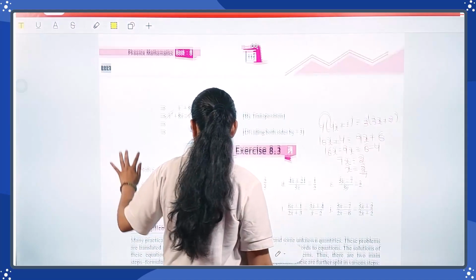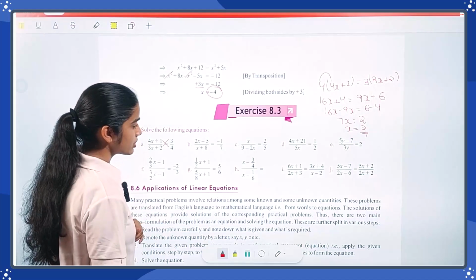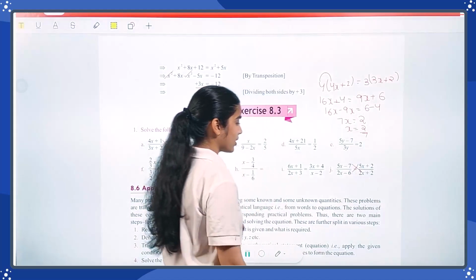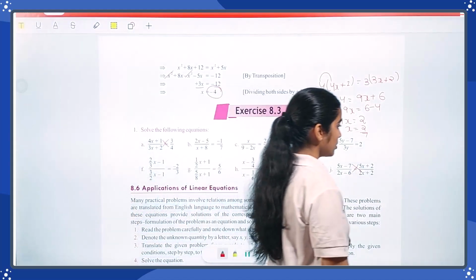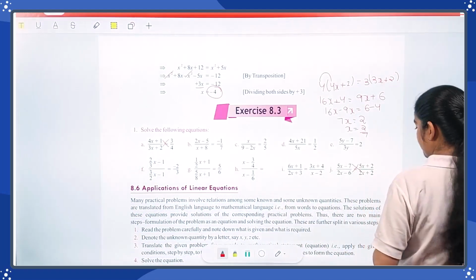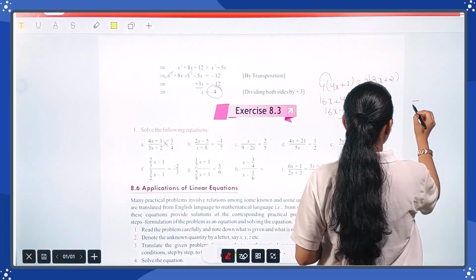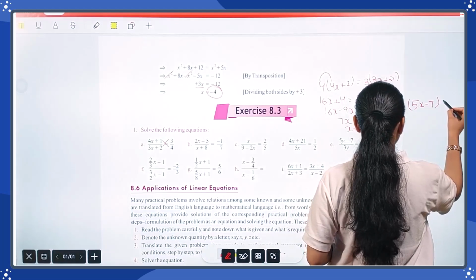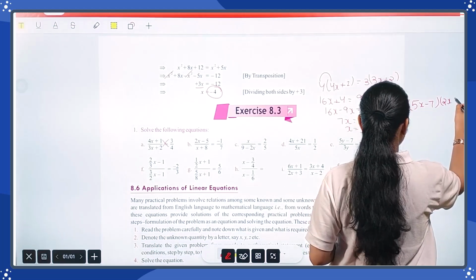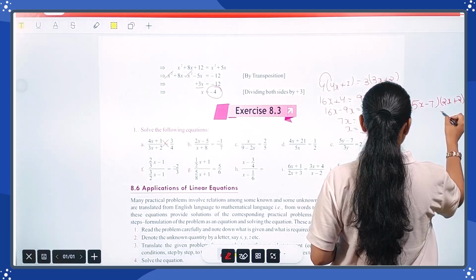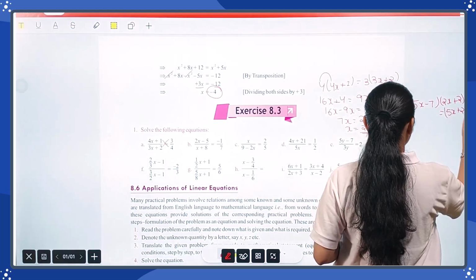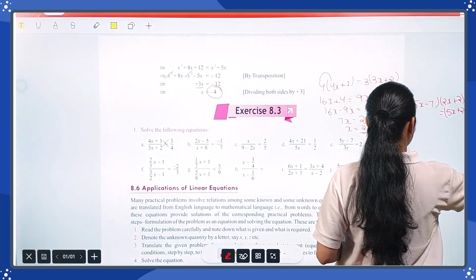Okay. Take this one, because here we have a binomial multiplied with a binomial. So how do we have to solve it? 5x minus 7 multiplied with 2x plus 2 is equal to 5x plus 2 multiplied by 2x minus 6.